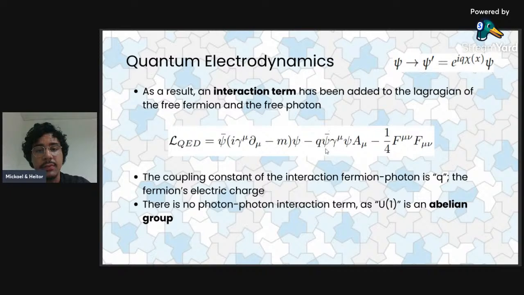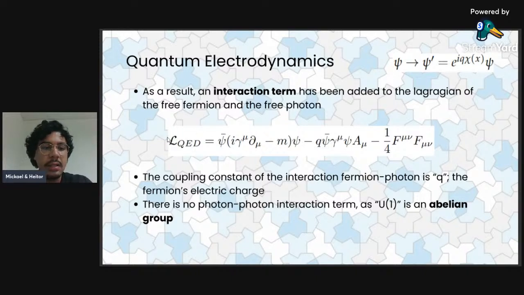I have here the field of a fermion, the psi, and the field of the photon, that is A mu. And this Q that comes from the transformation, as I defined, is nothing but the coupling constant between these two fields. So how strongly the fermion field couples with the photon field depends on the charge of the fermion. That is pretty intuitive.